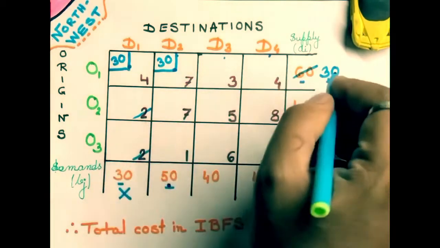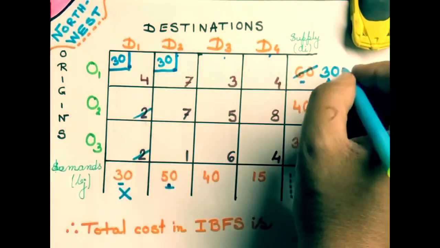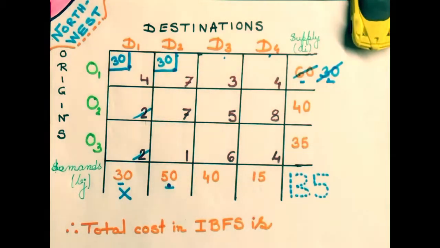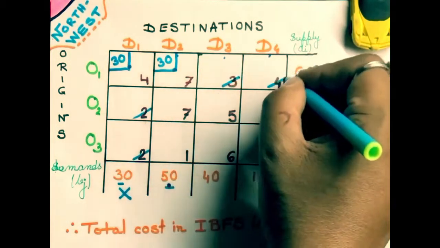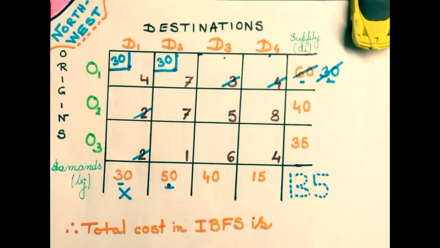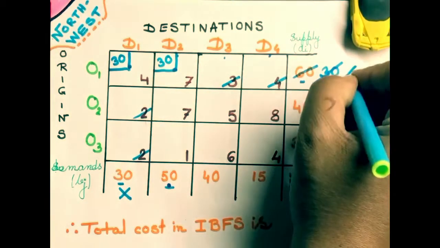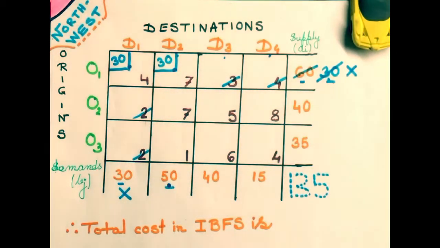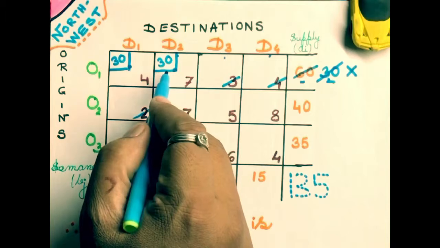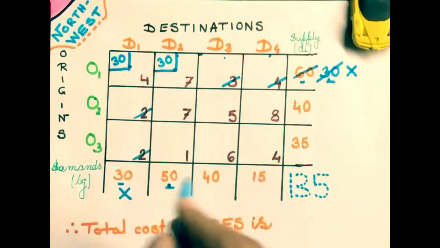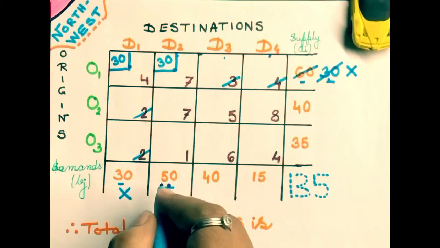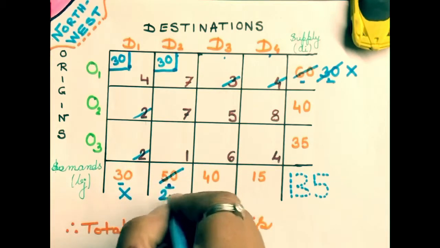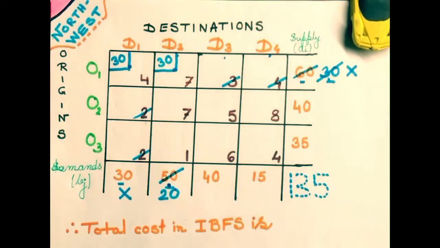Clearly, the supply of source 1 or origin 1 has already been exhausted and we remove rest of the cells from the transportation table. As before, we put a cross mark on the right side. Also, since 30 units of demand has been met from 50 units of total demand, we have 20 units of demand left.